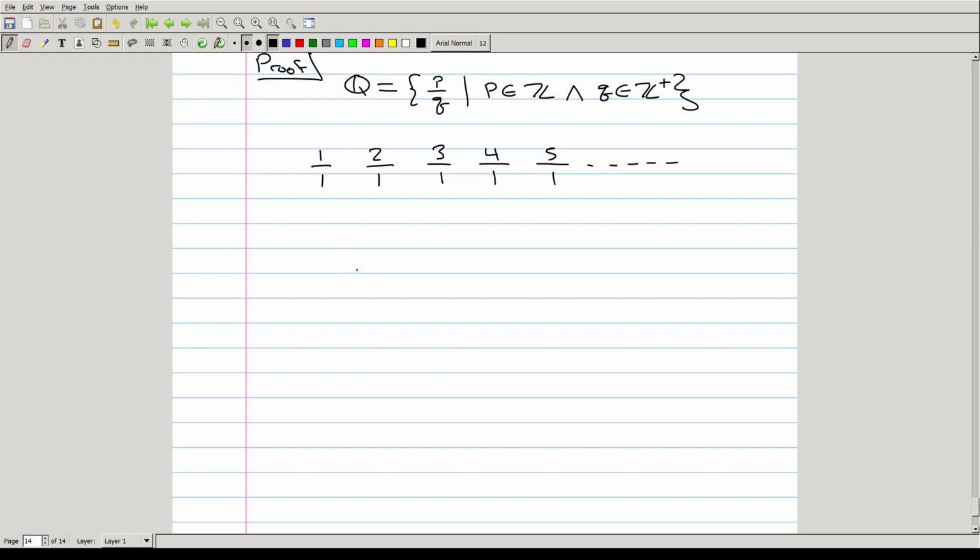And this listing is only showing the positive rational numbers, but we can do the same thing with the negatives, and take the union of the two sets to use the previous theorem.